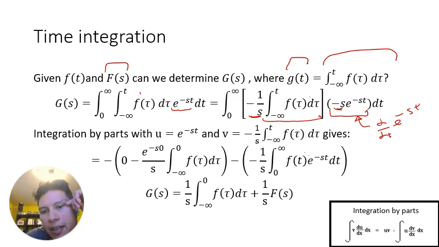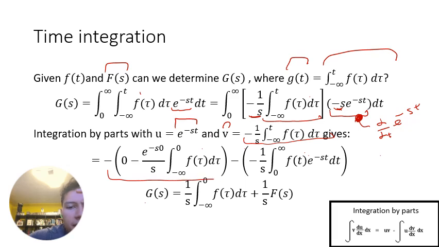And now we can apply integration by parts, where u is this, so that this is du dt, and then v is whatever's left over. So now we get uv, and then we have to take the derivative of this with respect to tau, or time, which by the fundamental theorem of calculus is just f of t.